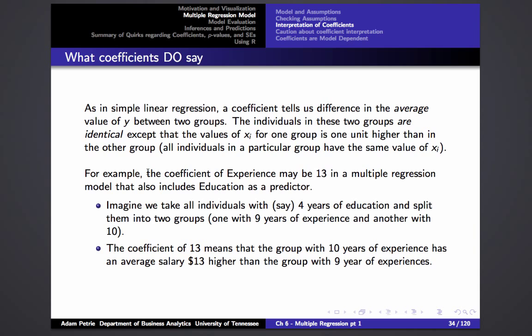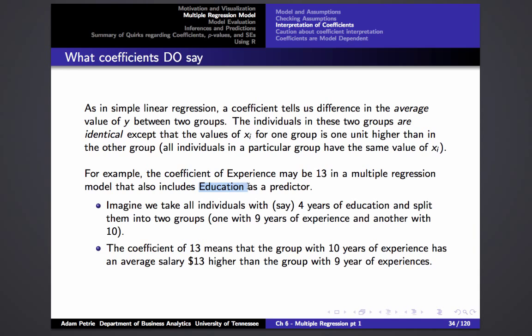So let's get practice interpreting the coefficient. The coefficient of experience in a multiple regression model, let's say it's 13, and the other predictor we're using is education. So what this is telling us is, let's imagine that we took all individuals with, say, 4 years of education and split them into two groups, say one with 9 years of experience and another with 10. So we have two groups of individuals. They differ in experience by 1 unit, 1 year here, but the values for their other predictors are identical.